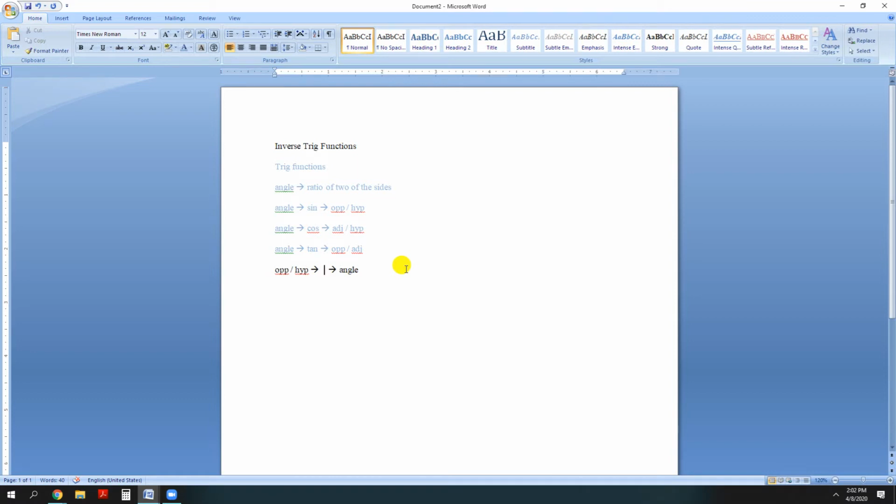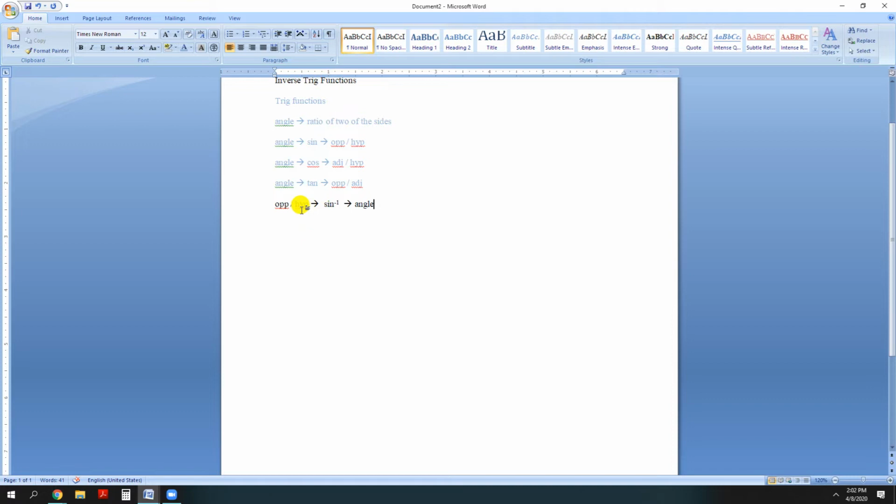Now there's a couple different ways this is written. Sometimes it's written arc sine. Sometimes it's written a sine. Most frequently it is written sine to the -1. So if you take the opposite over the hypotenuse and you give it to sine -1, it's going to give you the angle.